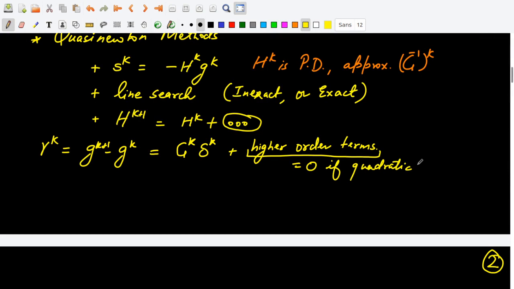So quadratic functions are actually a very nice test set for these methods, and you can prove some very nice results for just the quadratic functions, which can then motivate us to prove similar things for general nonlinear functions as well.